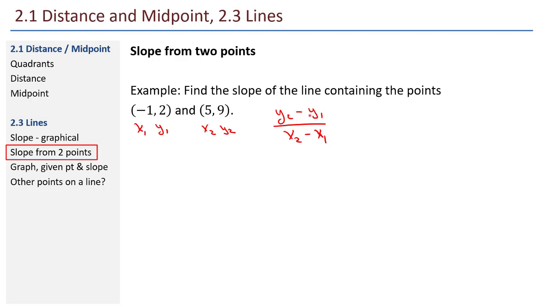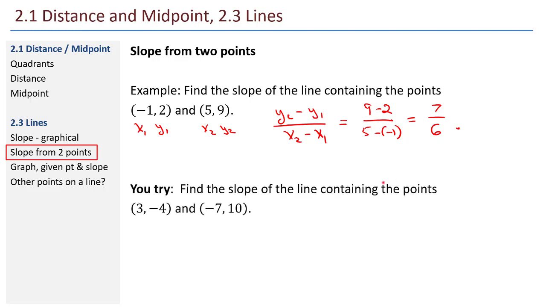If you do y2 minus y1 on the top, you have to do x2 minus x1 on the bottom. So 2, 1, 2, 1. My change in y looks like 9 minus 2, and change in x looks like 5 minus negative 1. So that's 7 over 6, and that's the end. That doesn't reduce anymore, so the slope of the line connecting those 2 points is 7/6.